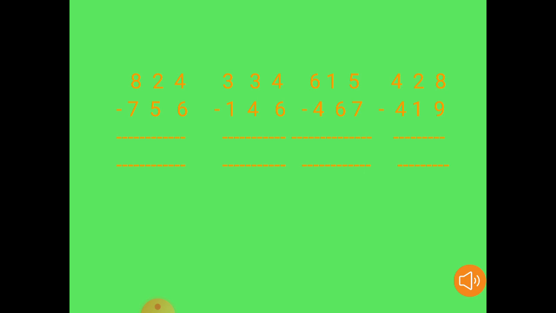Those were 2-digit numbers. Now let us have a look at 3-digit numbers: 824 minus 756, 334 minus 146, 615 minus 467, 428 minus 419.